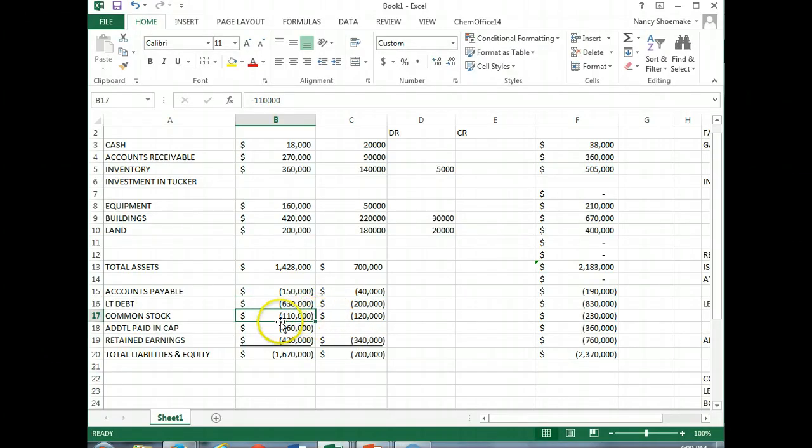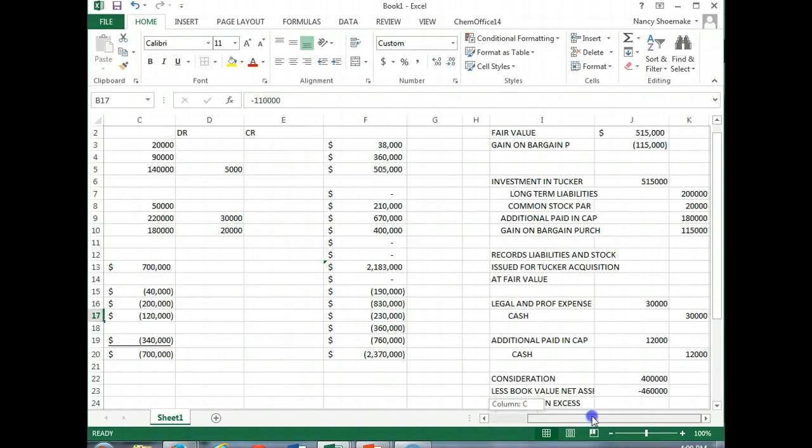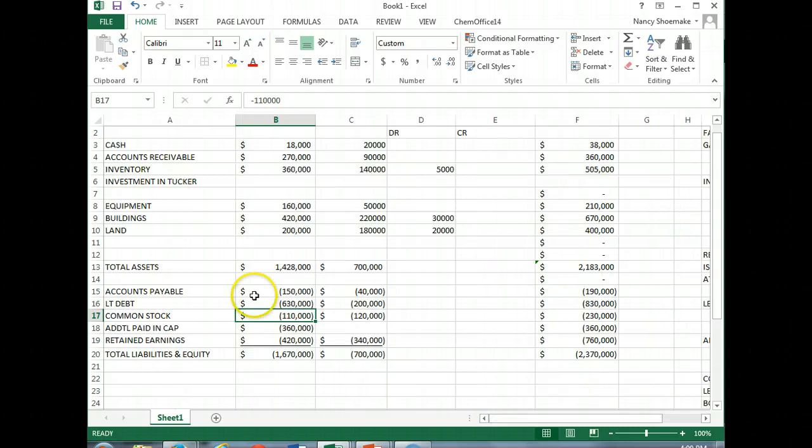The common stock is 130 here. Why is it instead of 110, 130? Because remember the par value over here was an additional 20,000. So we're going to add 20,000 here. Then we've got 130. The parent book value after stock is issued to acquire the subsidiary, because we are not going to take into account the common stock of the parent company.